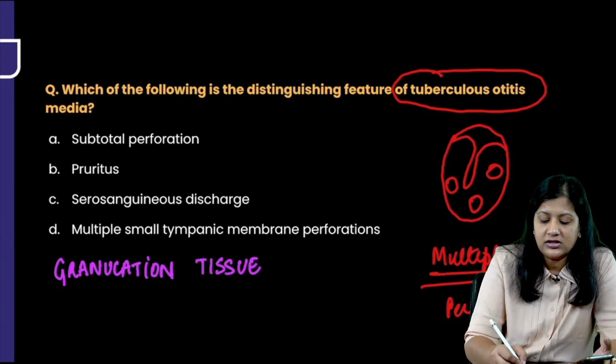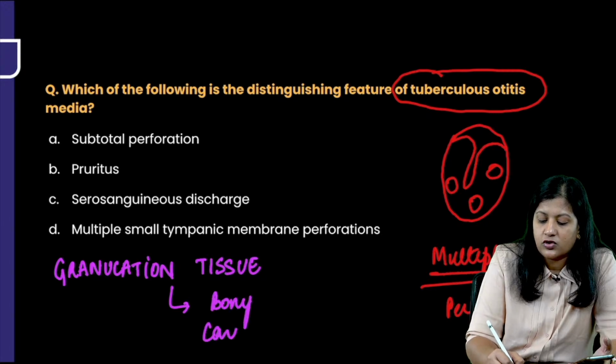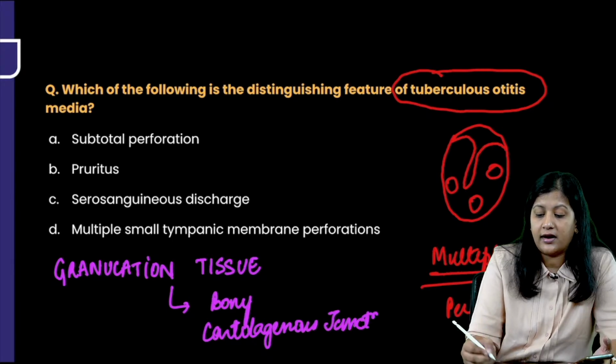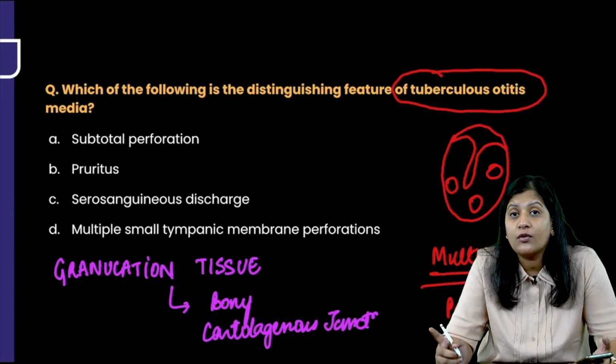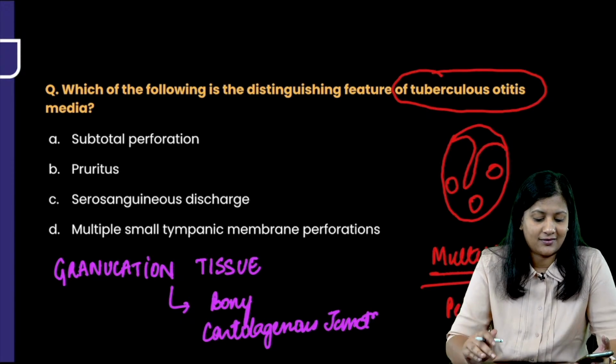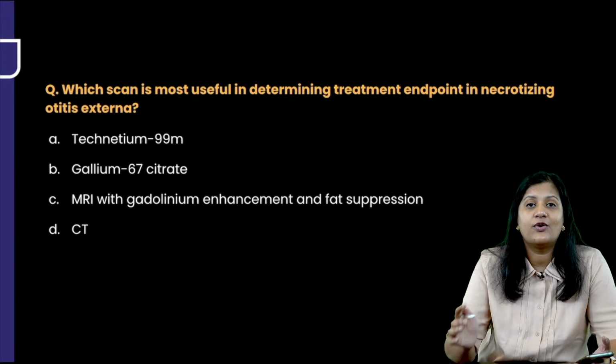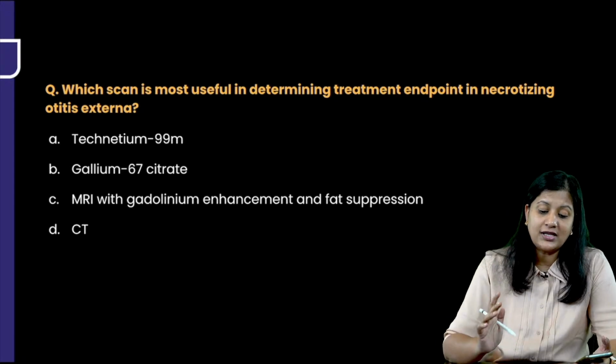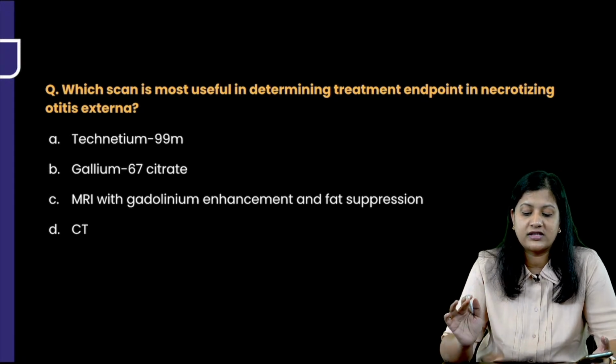The granulation tissue is seen at the bony cartilaginous junction. So presence of granulation tissue at the bony cartilaginous junction is also another very important distinguishing feature of tubercular otitis media. Very good.